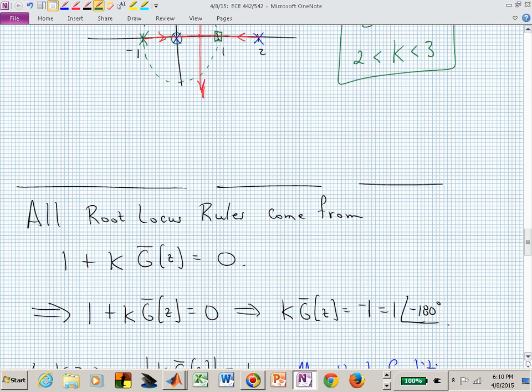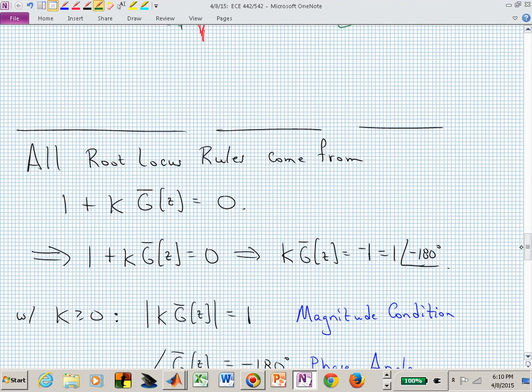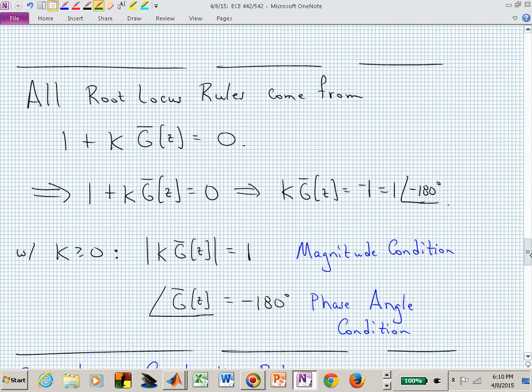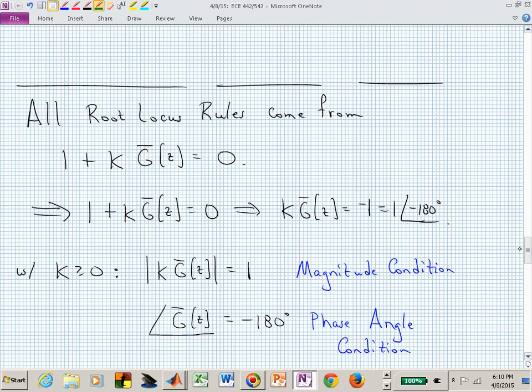1 plus k g bar of z equal to 0. And because we can now solve that expression for k g bar, that becomes equal to minus 1, but minus 1 as a complex number has a magnitude of 1 and an angle of minus 180. And that gives rise to these two conditions.